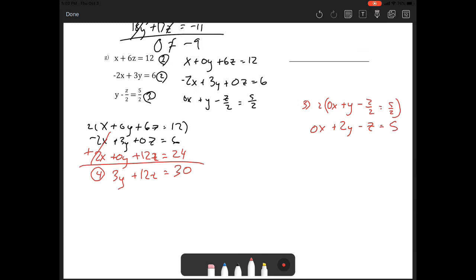Then I can take this one and deal with it on the next rotation. So that means my third equation is going to be dealing with my second equation.